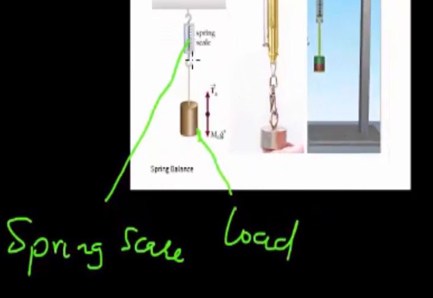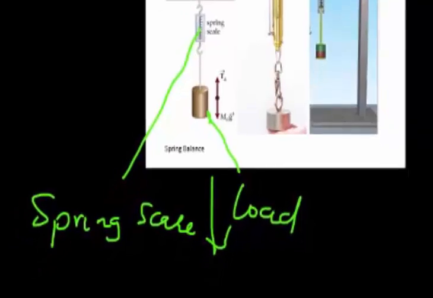So as you put the load on this hook, it drags the hook and the spring downward. And as it drags it downward, the weight will now be measured inside the calibrated values which you have inside the spring scale.